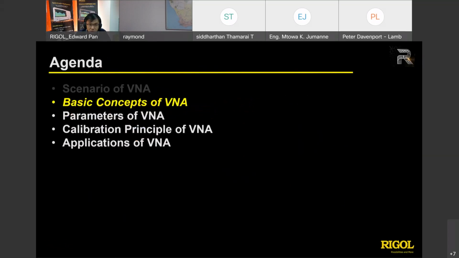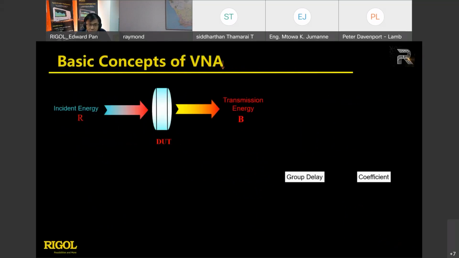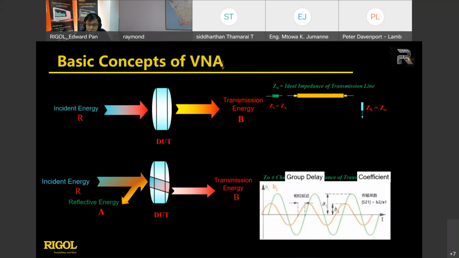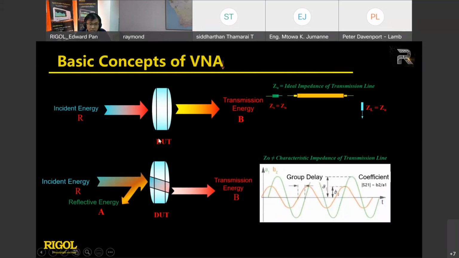So now we will go through the basic concept of the network analyzer. As we mentioned in the previous slide, that is the light wave transmitted to the optical lens. So we will add another concept, the impedance match concept. Here is the transmission line, and this is a load device under test.